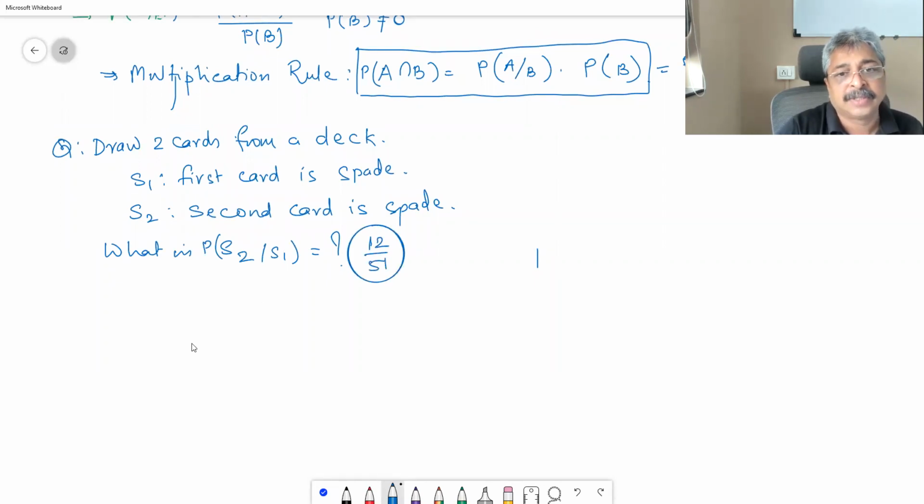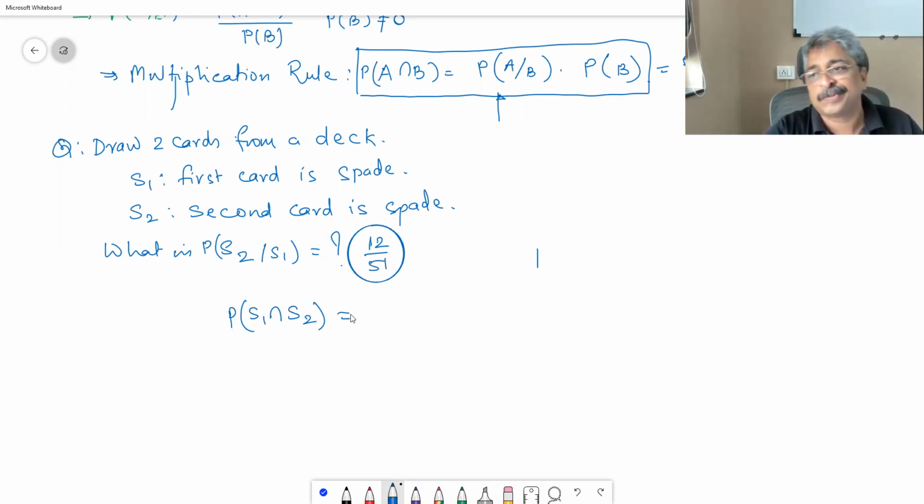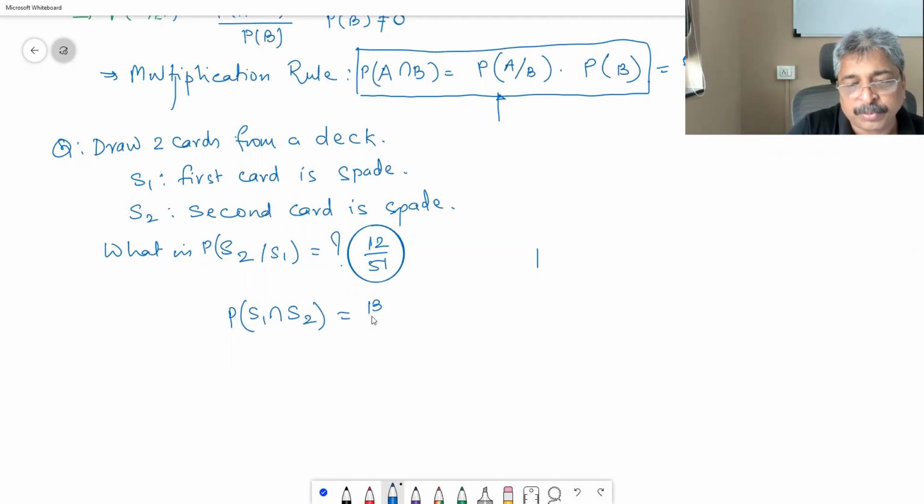Therefore, probability of second card spade is 12 out of 51 cards which are remaining. Direct answer. However, if we want to use this formula, we have to first find out probability of S1 intersection S2, which is first card is spade and second card is spade. This is probability of first card spade, which is 13 upon 52.